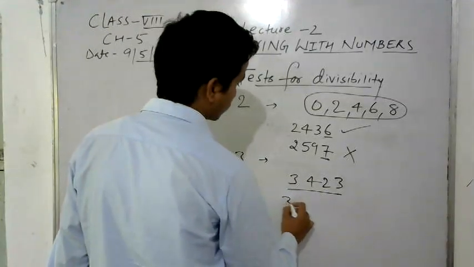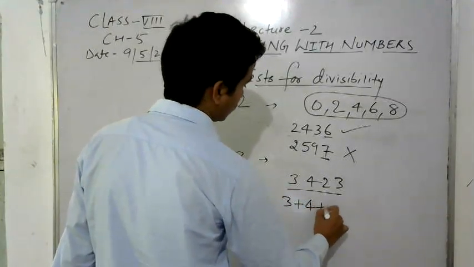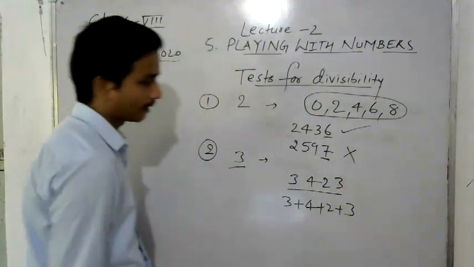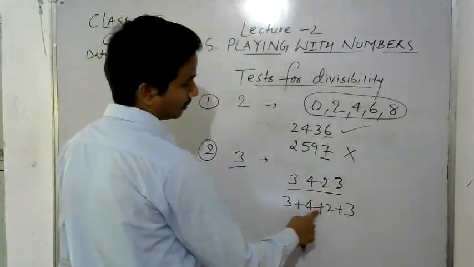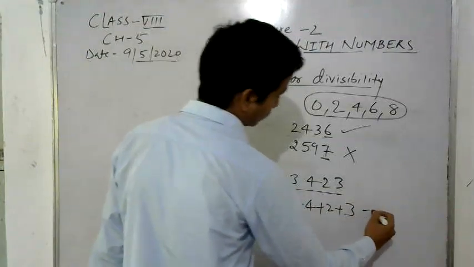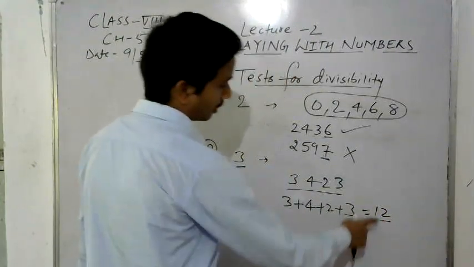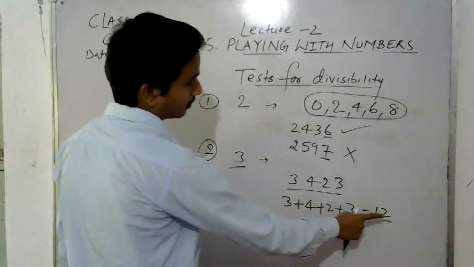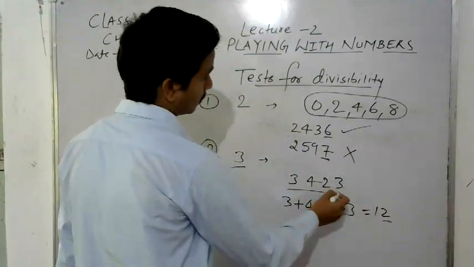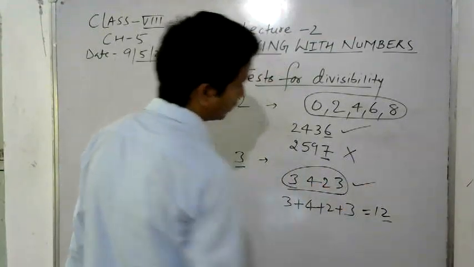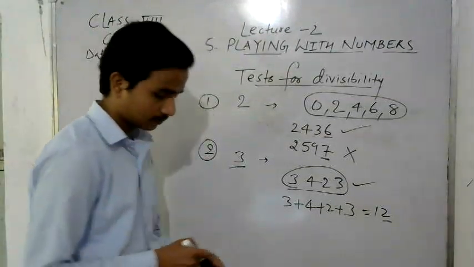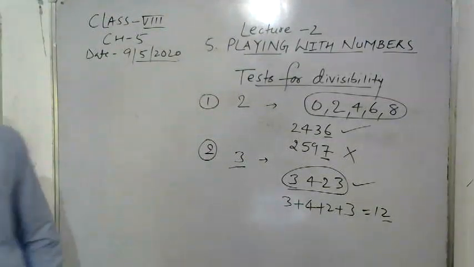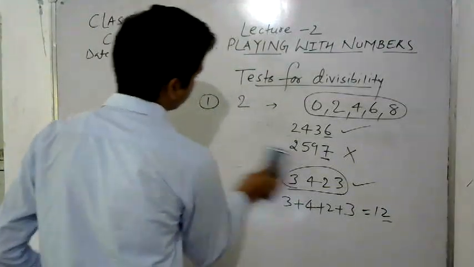First of all, we find the sum of the digits. 3 plus 4 is 7, 7 plus 2 is 9, 9 plus 3 is 12. Now, since 12 is divisible by 3, this number is divisible by 3. In this way, we check for divisibility by 2 and 3.